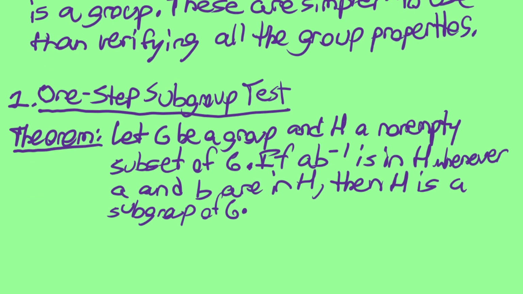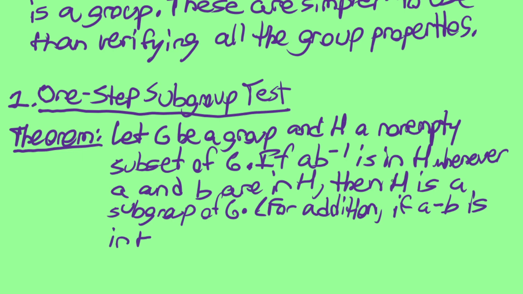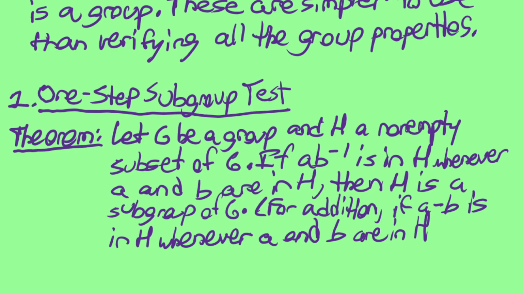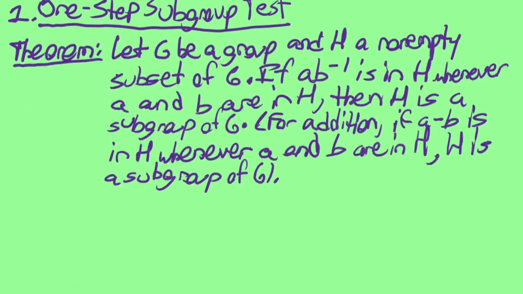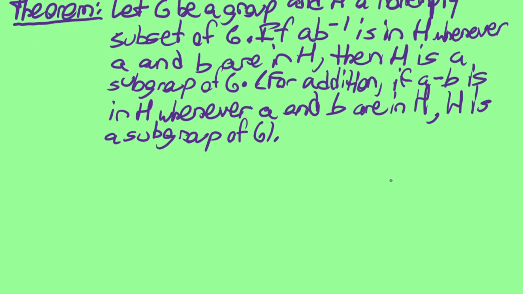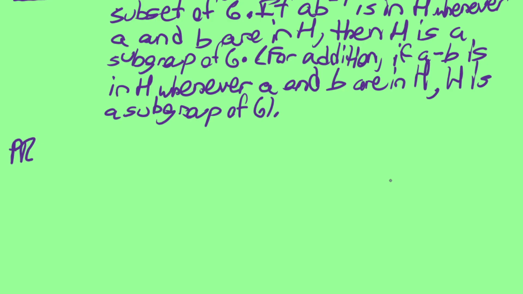And if we have an addition operation, this would be if A minus B is in H whenever A and B are in H, then H is a subgroup of G. All right, so of course this is a great theorem, but let's look into it a little more in depth and look at the proof of this subgroup test.